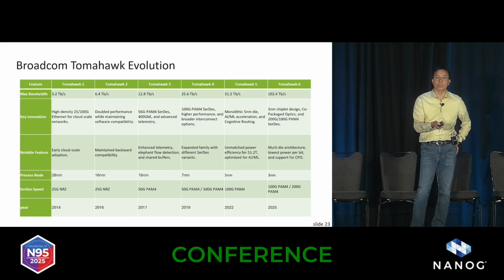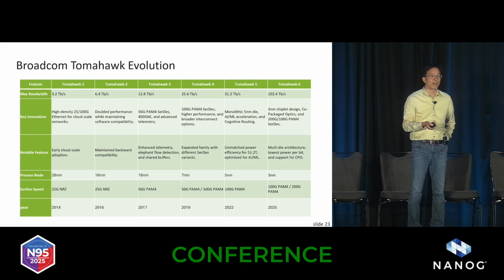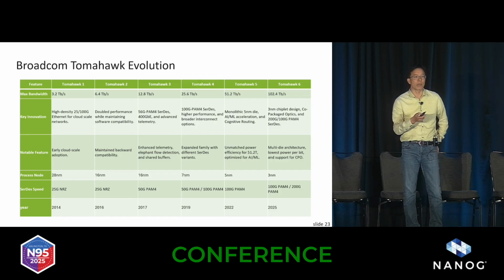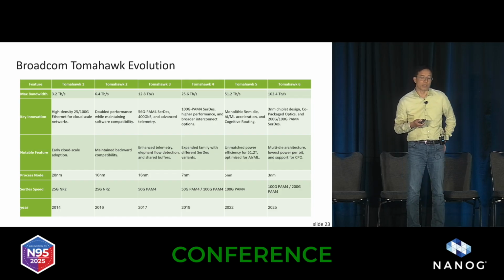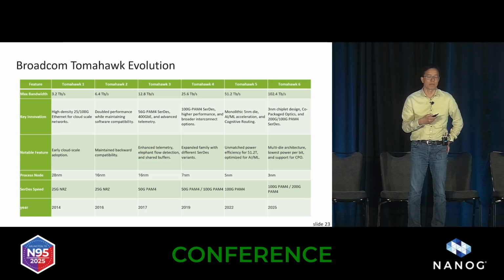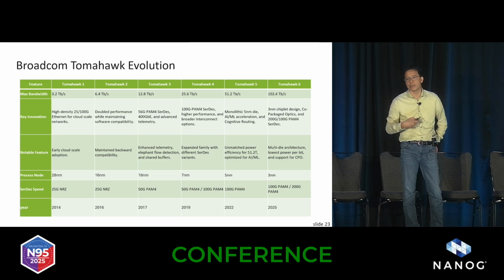Of course, this chip is also a chiplet design. It's not a single die, it's multiple dies. They can have a peripheral die with the SerDes on a separate die, and then the PFE on a different die.